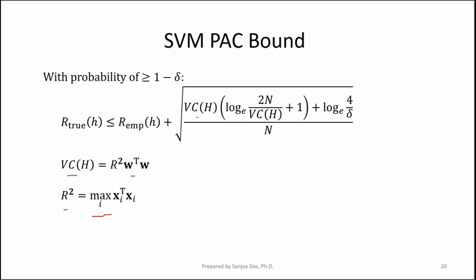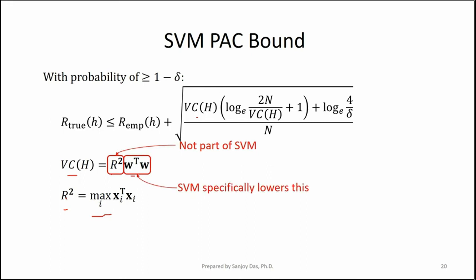So it's not part of the support vector machine. It's the sample space that the support vector machine is dealing with. That's R square. And what about W transpose W? During SVM training, we specifically try to lower W transpose W. And this is a very good reason why we want to lower W transpose W, because then the VC dimension is also getting lowered. Now, this expression doesn't take into account directly the margin of separation.